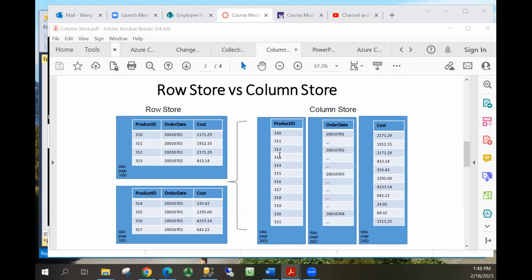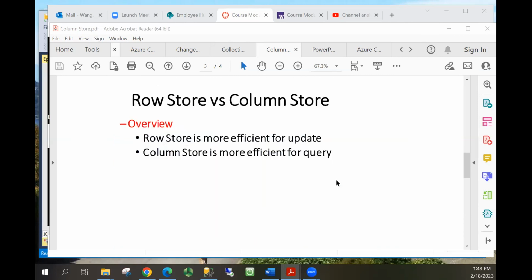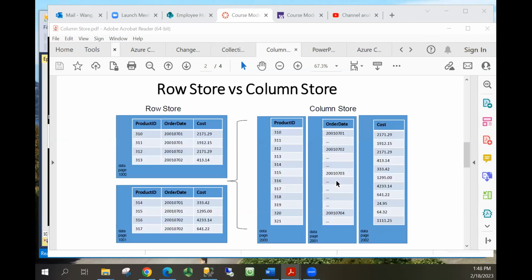I want you to think, what is row store good for? What is column store good for? Think about how we work with data, right? Fetching data for a particular product ID will be difficult in column store.